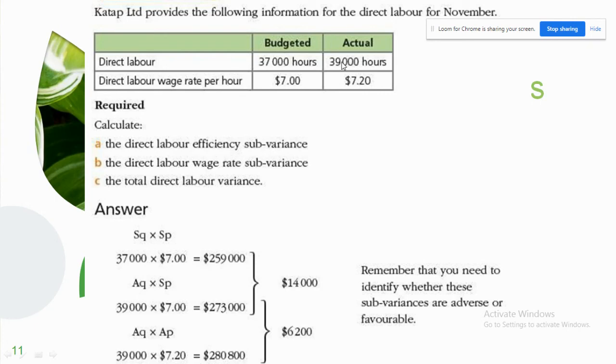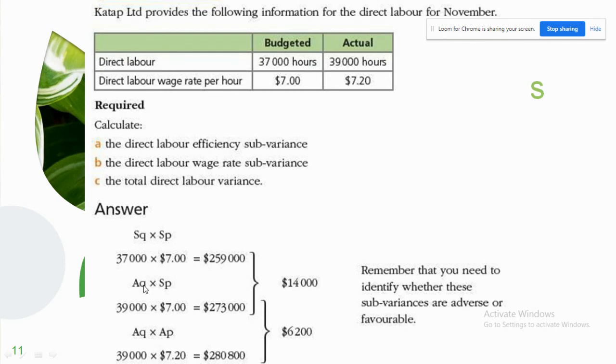That's 2,000 extra hours used. Each hour will cost $7. So 2,000 extra hours worked times 7 is 14,000 adverse.